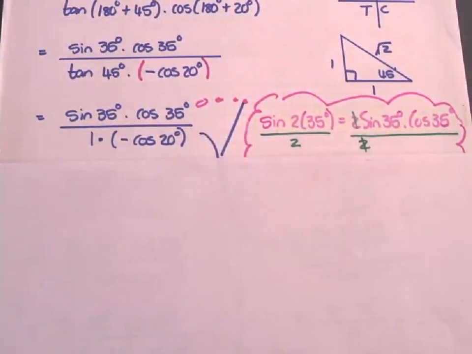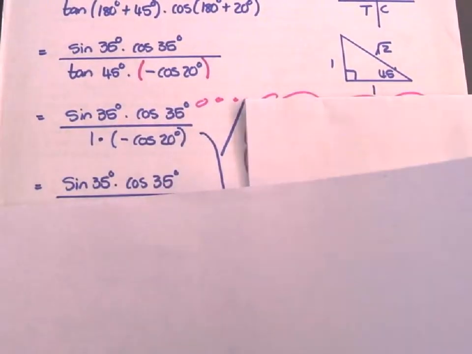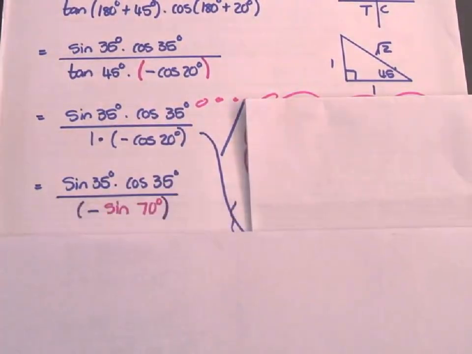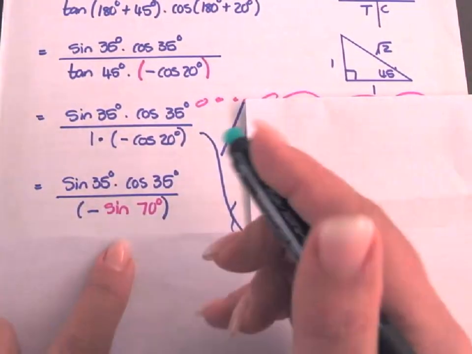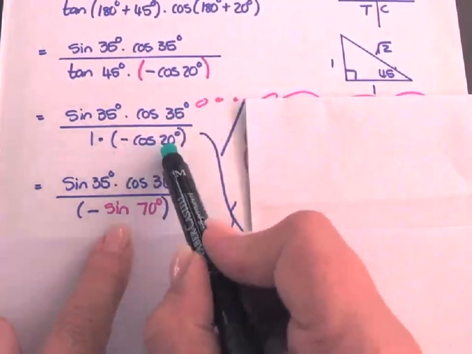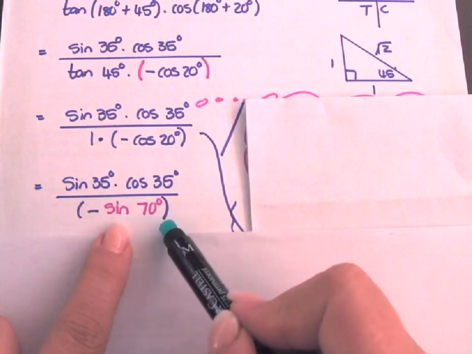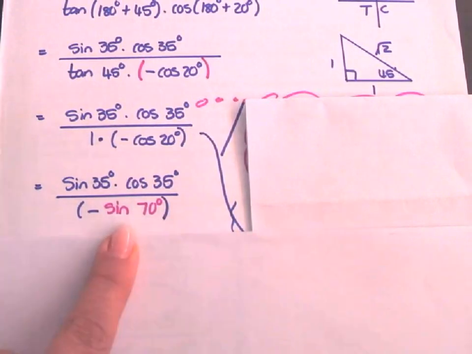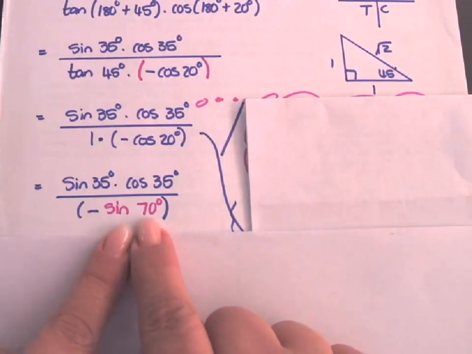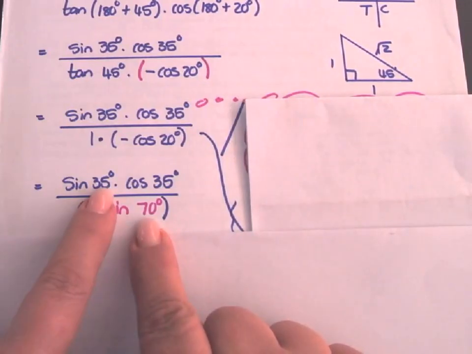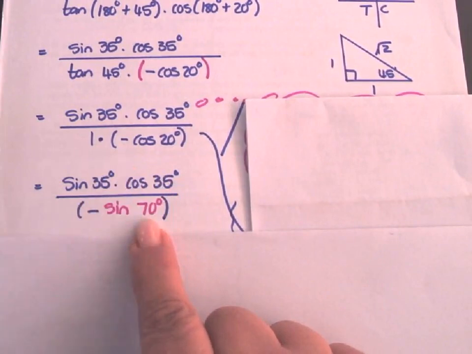Either the one in your notes, and I'll come to the second method later. I see that cos 20 can be rewritten as sine 70. So I'm going to use the co-functions. Why? Because 70 is double 35. Okay, so I'm working towards something.